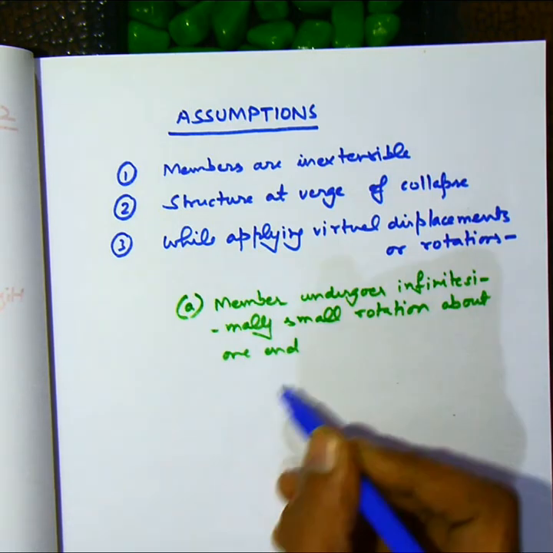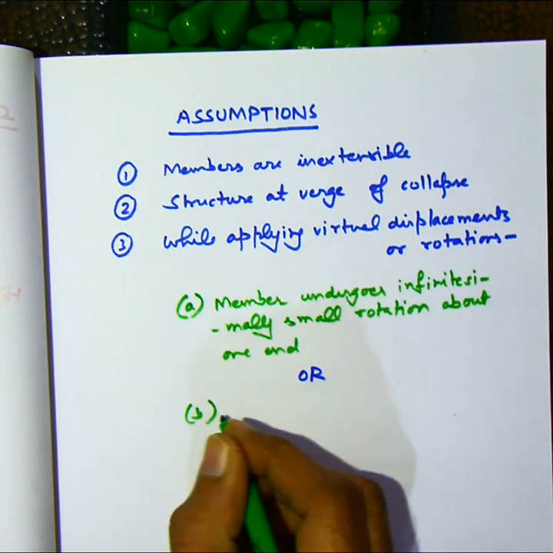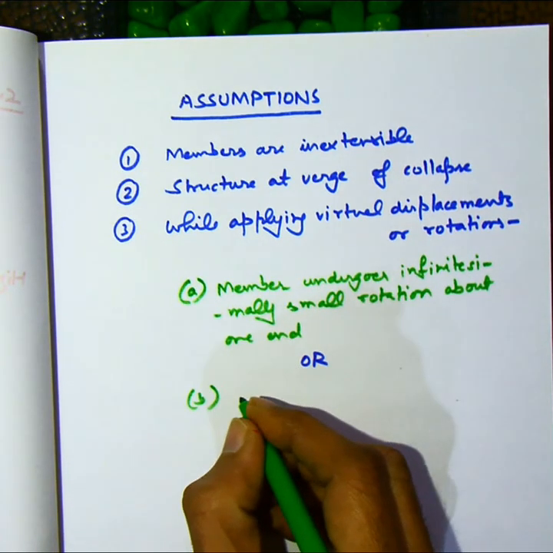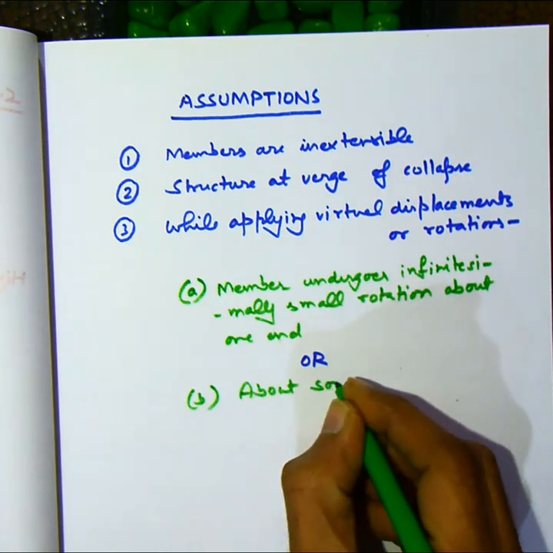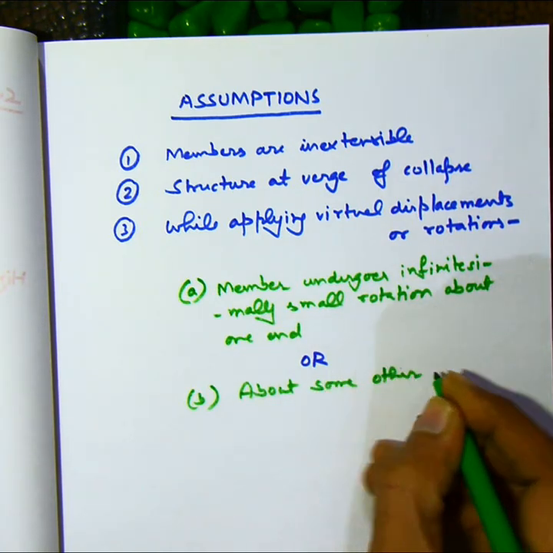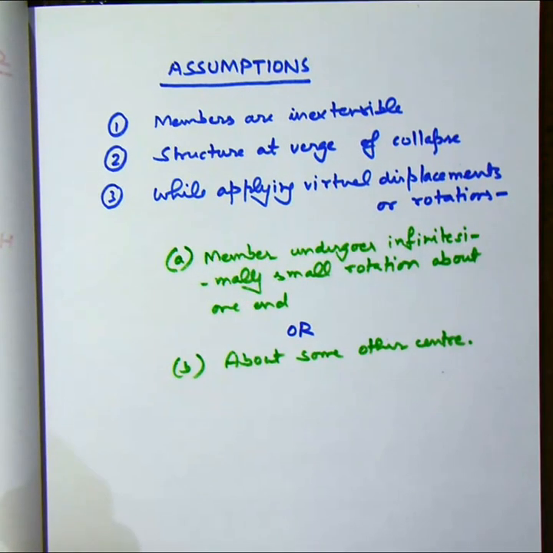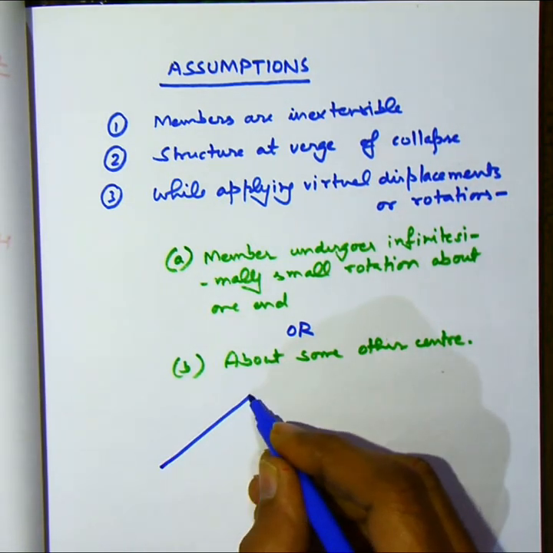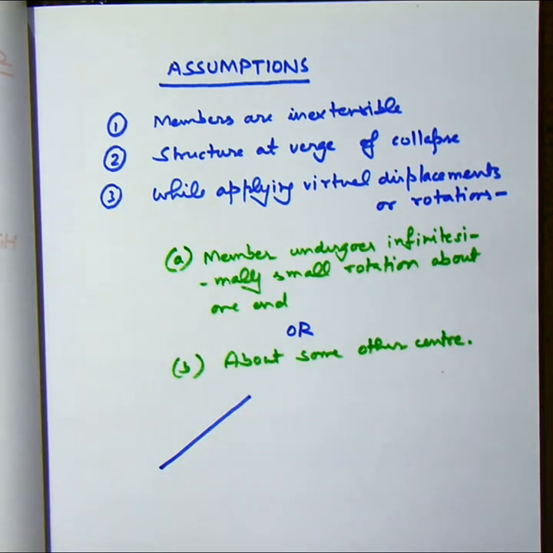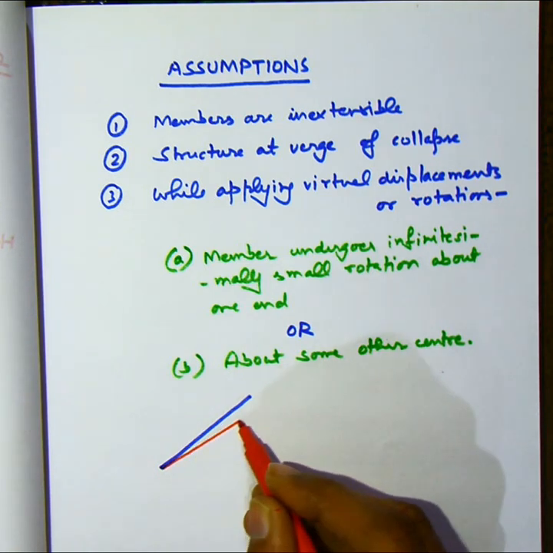So a member could undergo infinitesimally small rotation about its own end. It may undergo rotation about some other center. So these two cases we are considering.